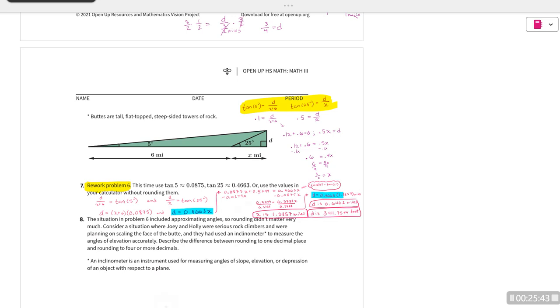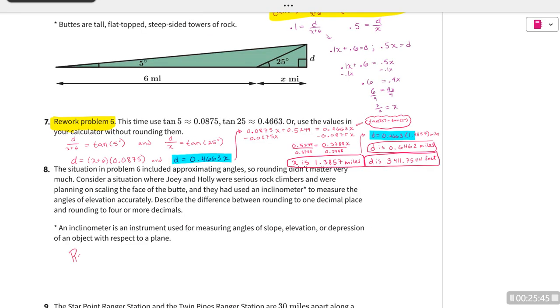So in this case, basically, rounding to 1 decimal place caused them to really overestimate the distances, but by a pretty substantial amount, right?